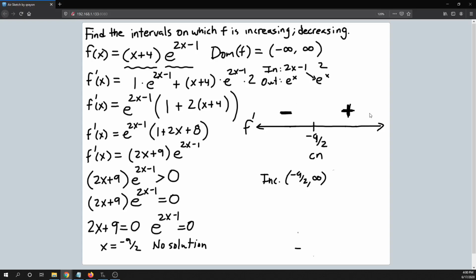And then for decreasing, it's going to be those intervals where there is a negative. So that would be this interval from negative infinity to negative 9 halves, like so.